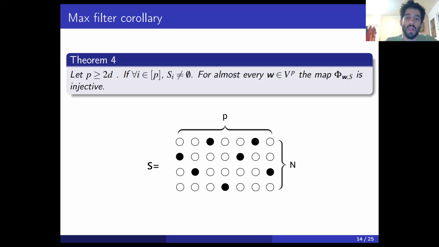But of course, we don't want to just play with 2D different columns. We want to see if by using more elements per column, it is possible to reduce the number of windows you need to solve the injectivity problem, so to see if we can use fewer than 2D windows.